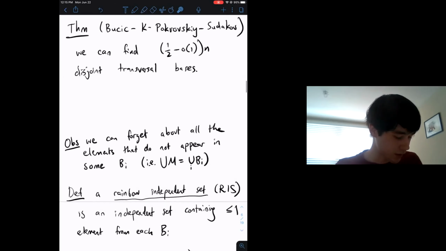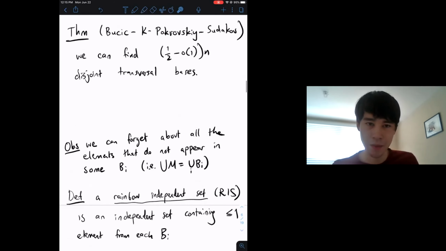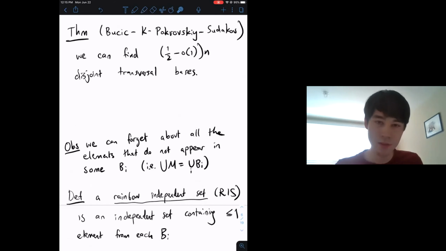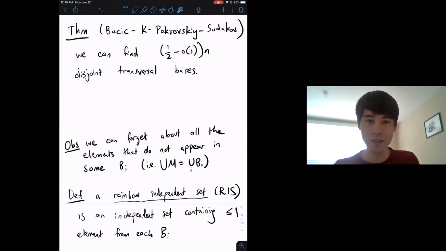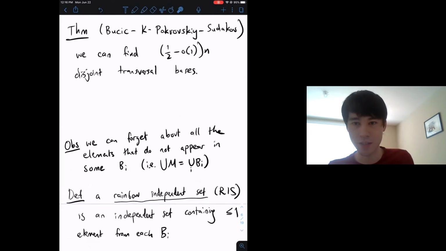Okay, and the second thing is, I don't know if this is something Matroid theorists like to do, but it's something I like to do, which is to consider these n bases to be colors. I guess I already had a blue basis and a green basis before, but I'd like to do this. So I've got n bases, that's n colors, and so let me define a rainbow independent set in a matroid. In this setting, it is an independent set in the matroid sense in which every element has a different color.